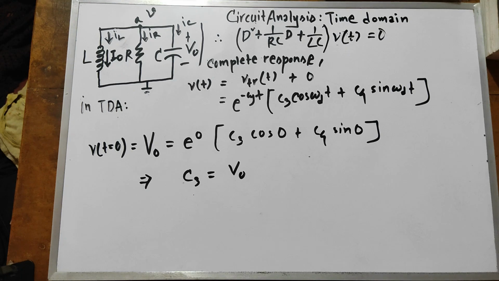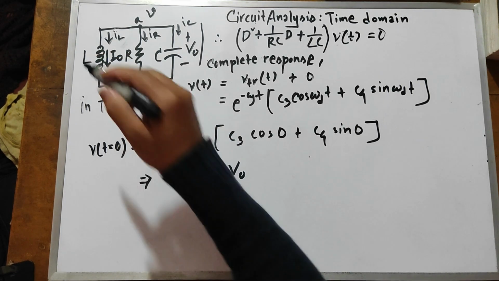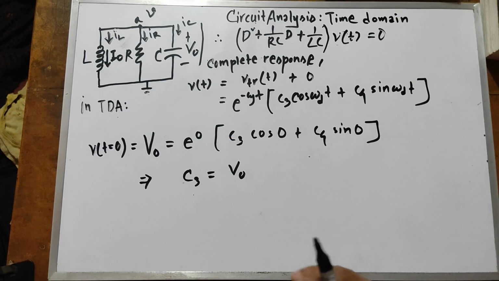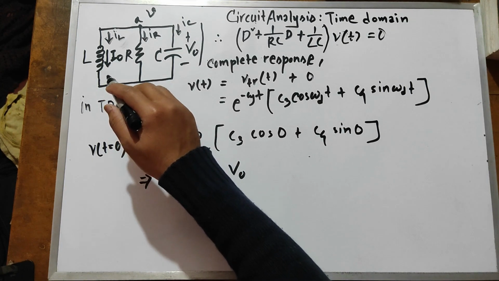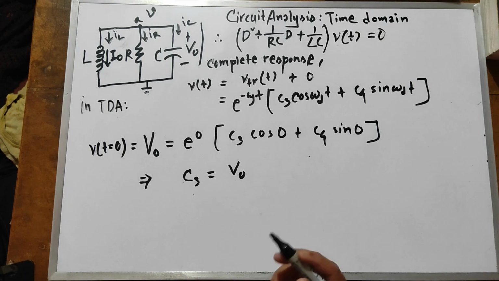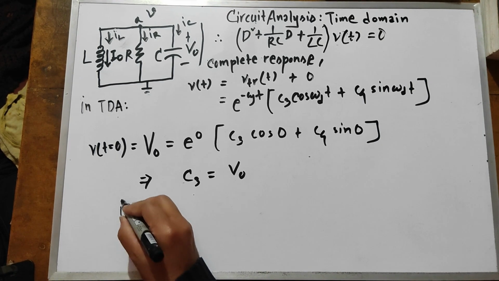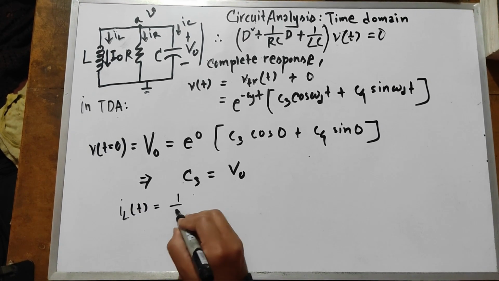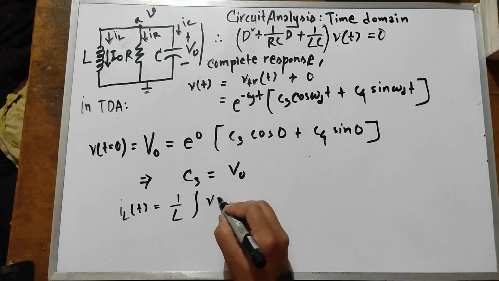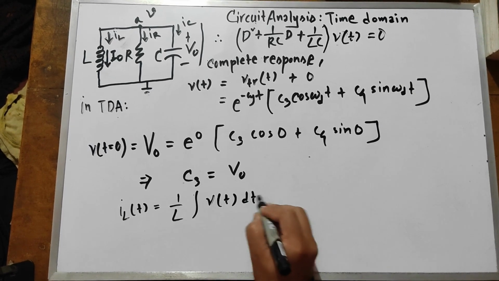Now we have to find the second arbitrary constant. To find it, I have to take into consideration the assumption that at t equals 0 the current through the inductor is I0. The current through the inductor is 1 by L times the integral of the node voltage dt.